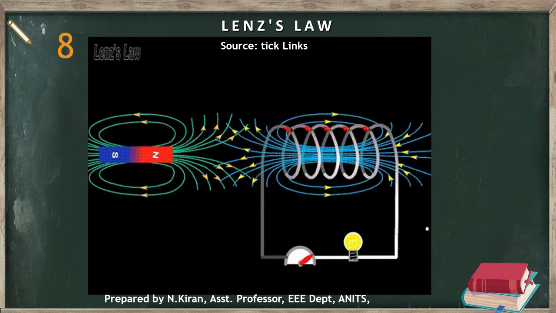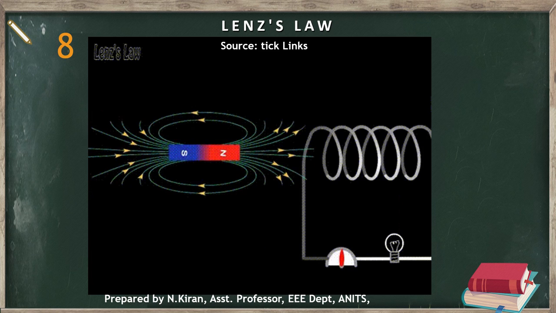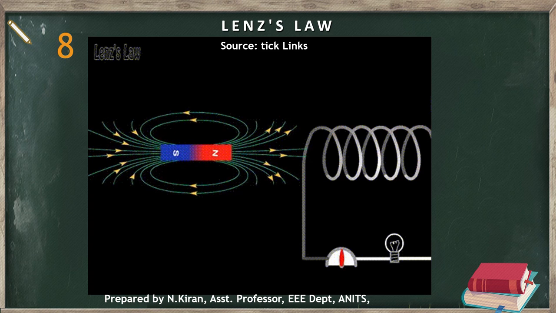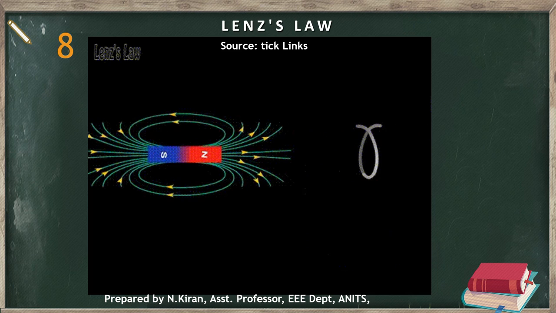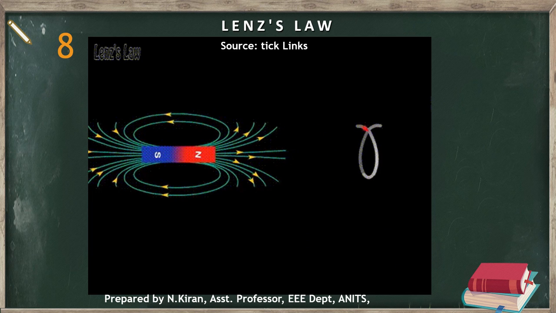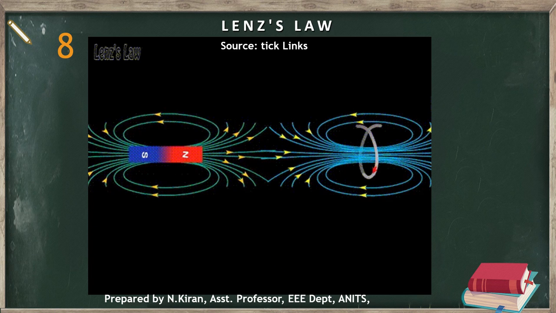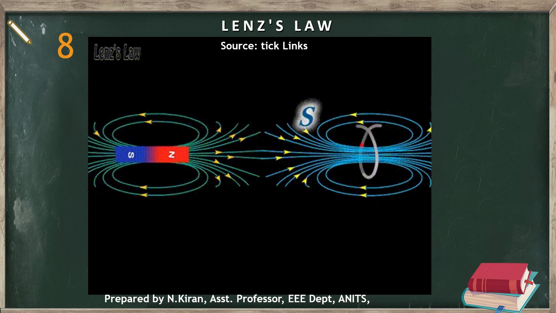Similarly, if the bar magnet is stationary, there will not be any change in magnetic flux, hence there is no deflection in the galvanometer. When the bar magnet is moved away from the coil, it will induce an EMF, and this EMF will set up a current in a direction so as to oppose this movement of the bar magnet away from the coil.